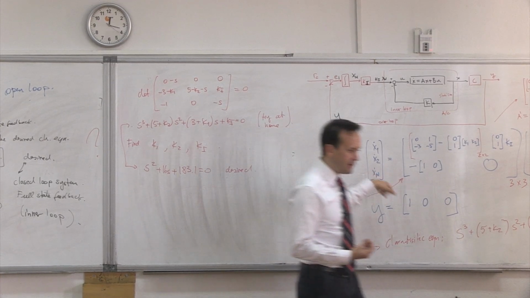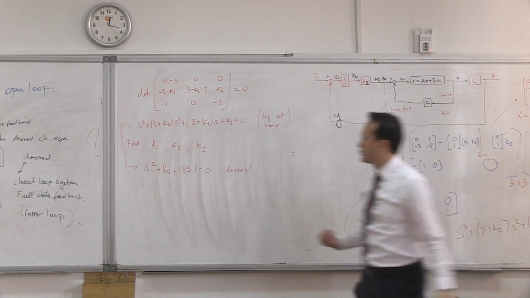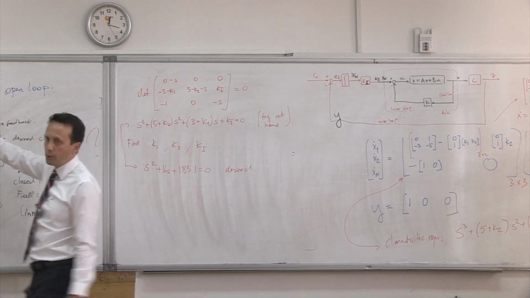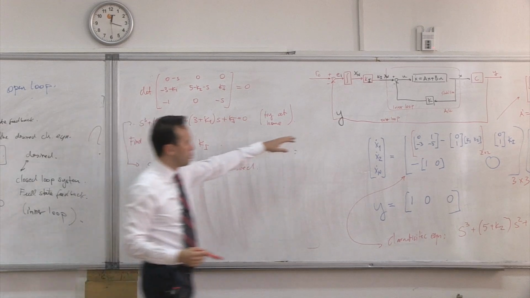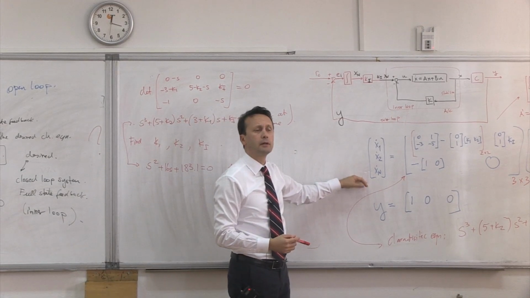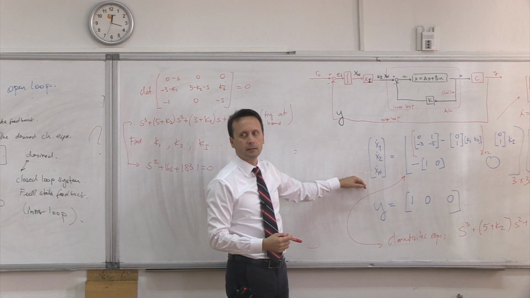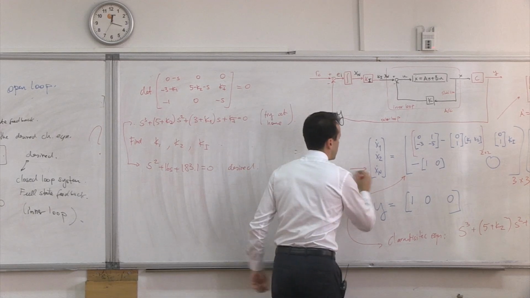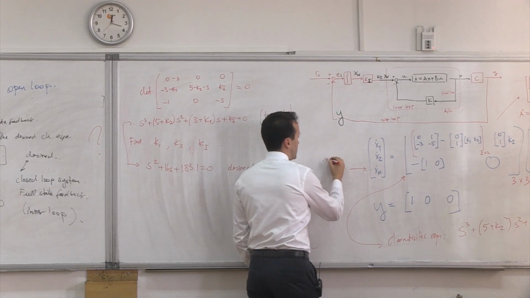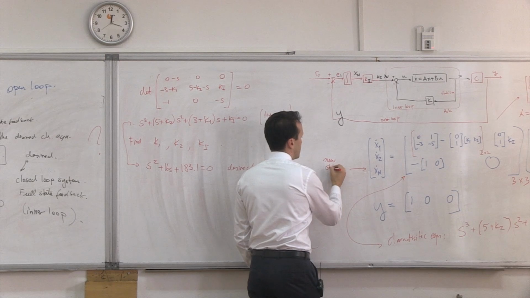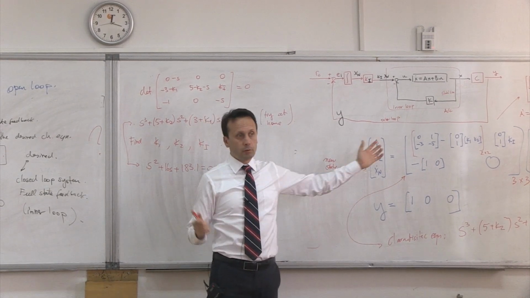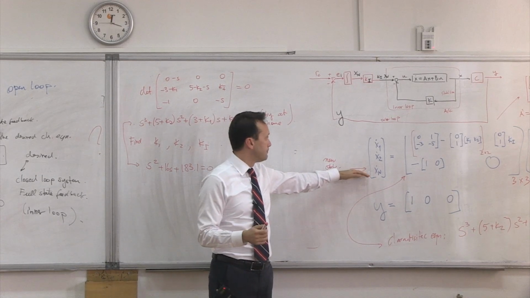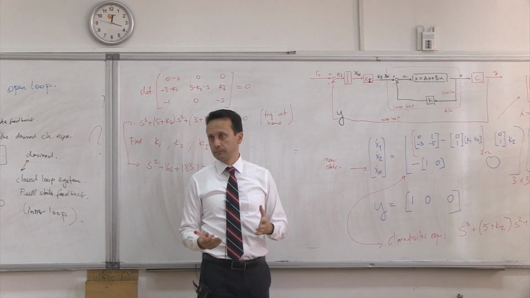This xn is not really part of the actual system. The actual system is here, open loop. It's a second order system. But because of the controller, we have a third order here, a third state. So this is something that we have introduced, a new state to our system, and that is the integral state.